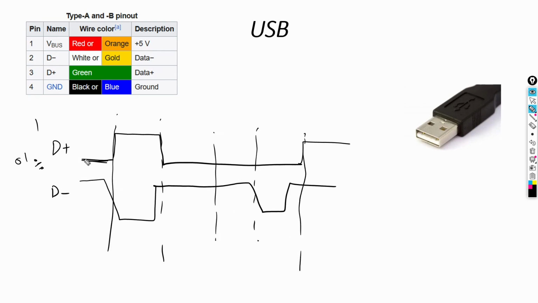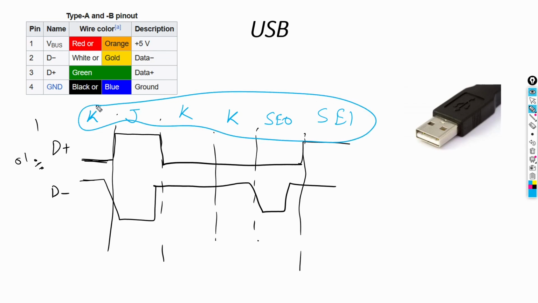If D plus is low and D minus is high, we call it a K state or K symbol. When D plus is high and D minus is low, we call it a J state. When both are 0, we call it SE0. When both are high, we call it SE1. Basically, we communicate with only these 4 symbols.